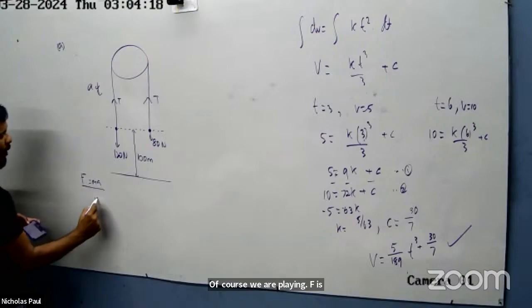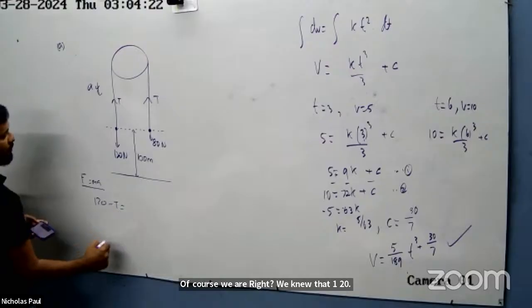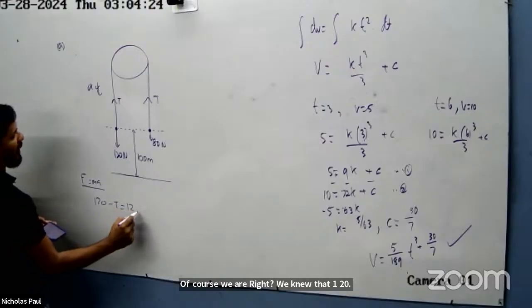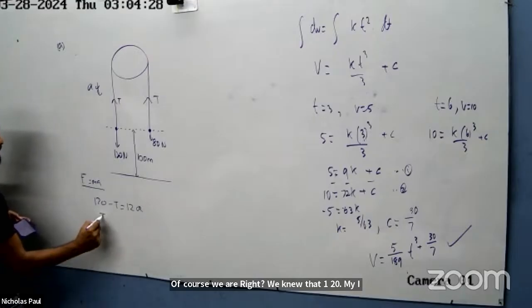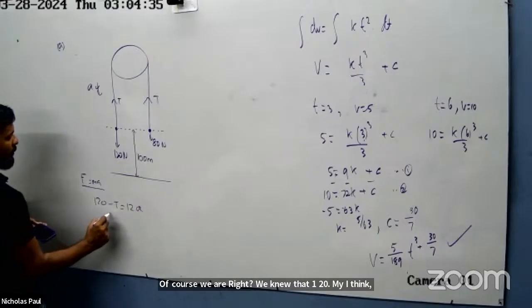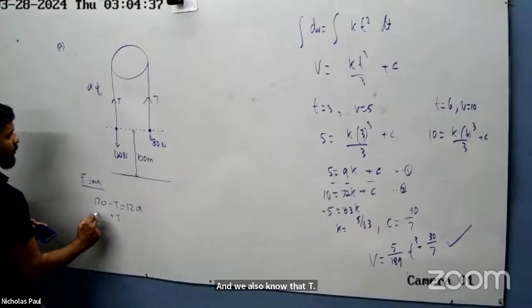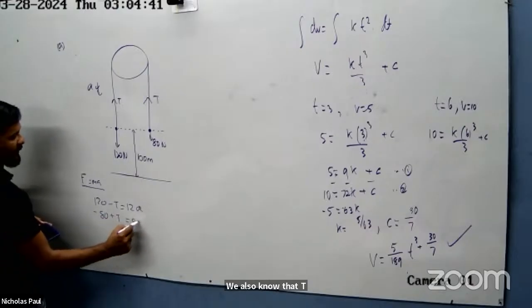We know that 120 minus T is equal to mass times acceleration. And we also know that T minus 80 is equal to 8a.